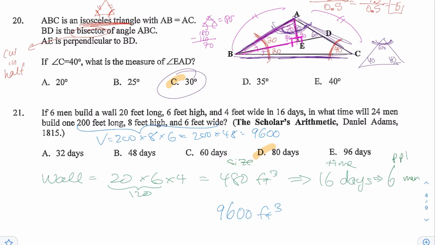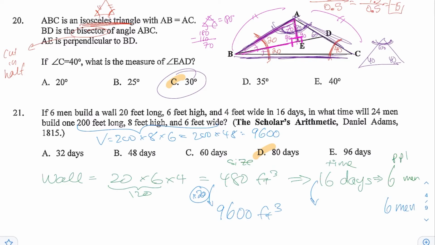So to go from 480 to 9600, you have to multiply it by 20. So if you have this wall that is 20 times bigger, well then that's going to take 20 times longer if you have 6 men.